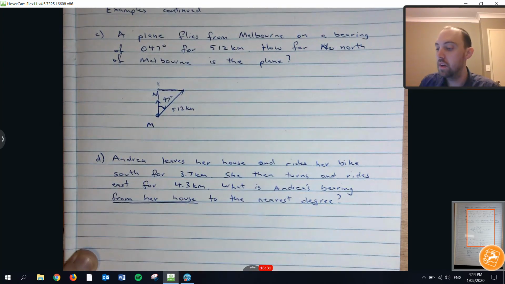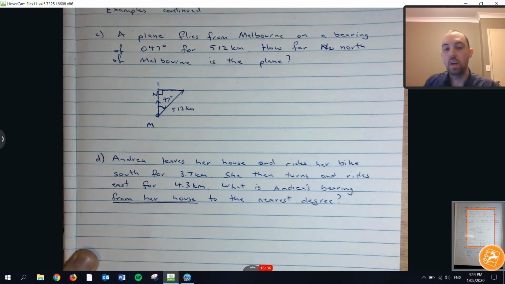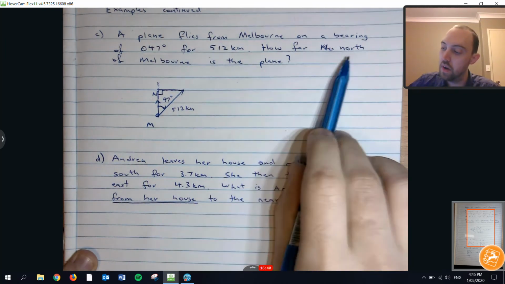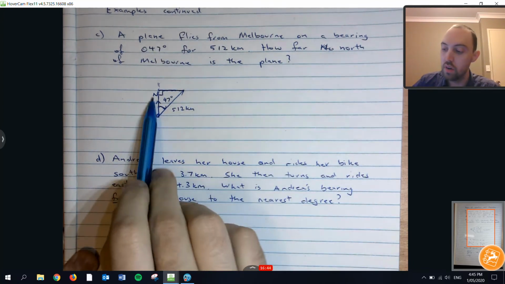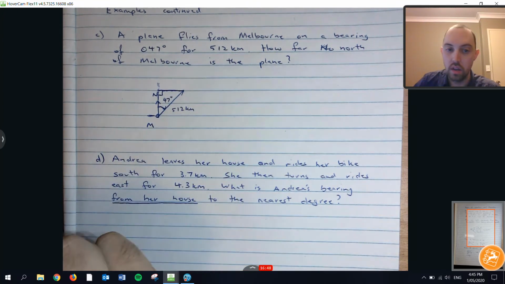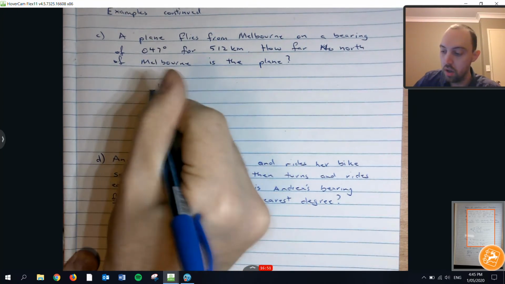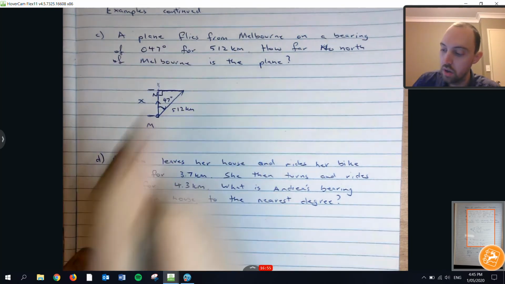If I connect the point that the plane finished with my north line, we have a 90-degree angle triangle here, and we're trying to find how far north of Melbourne the plane is. So we're just trying to find the north component, how far it has traveled from Melbourne straight up in the north direction. So what is this?